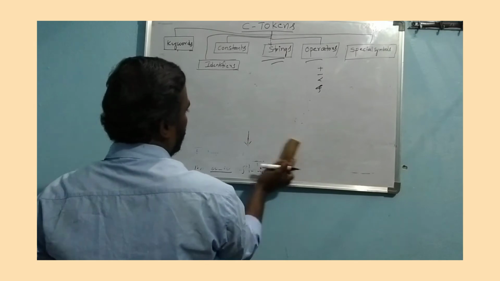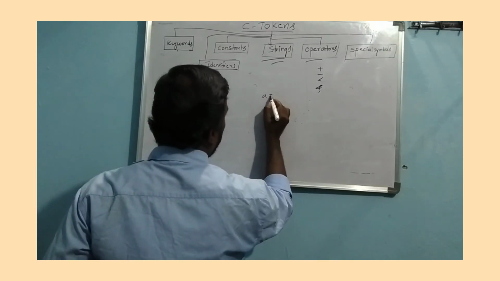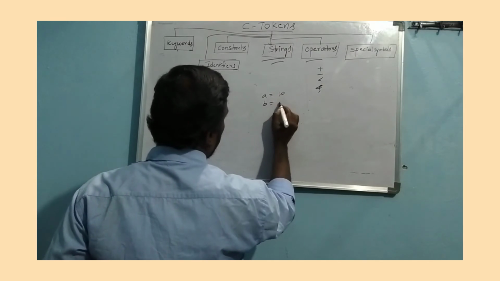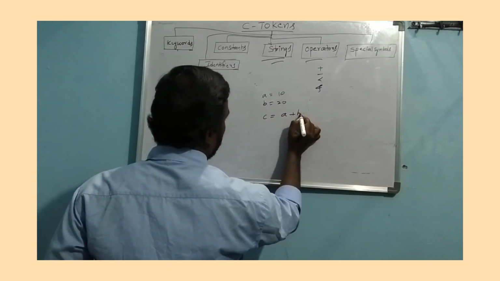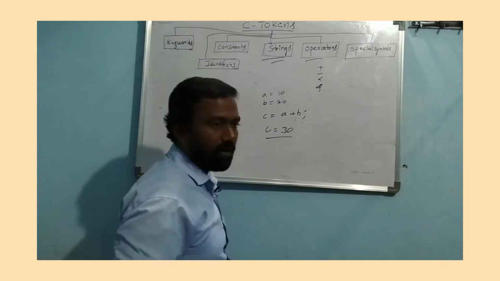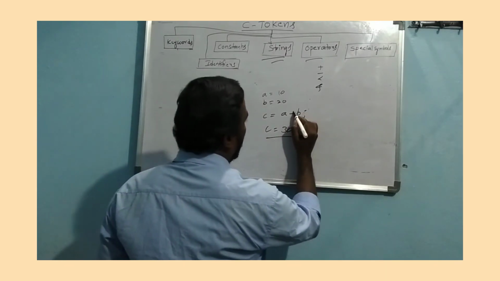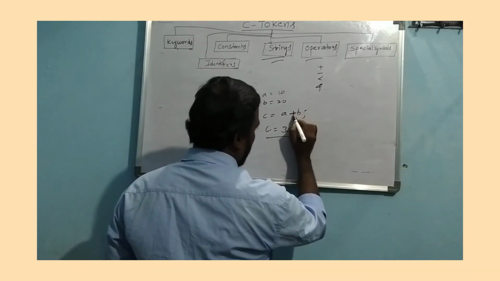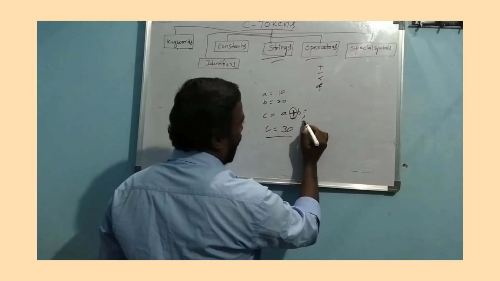For example, I would like to take A equal to 10 and B equal to 20. So C equal to A plus B. What is C? C is automatically 30. I already explained this in the previous class, right? See here, I am using A plus B. Plus is the operator.